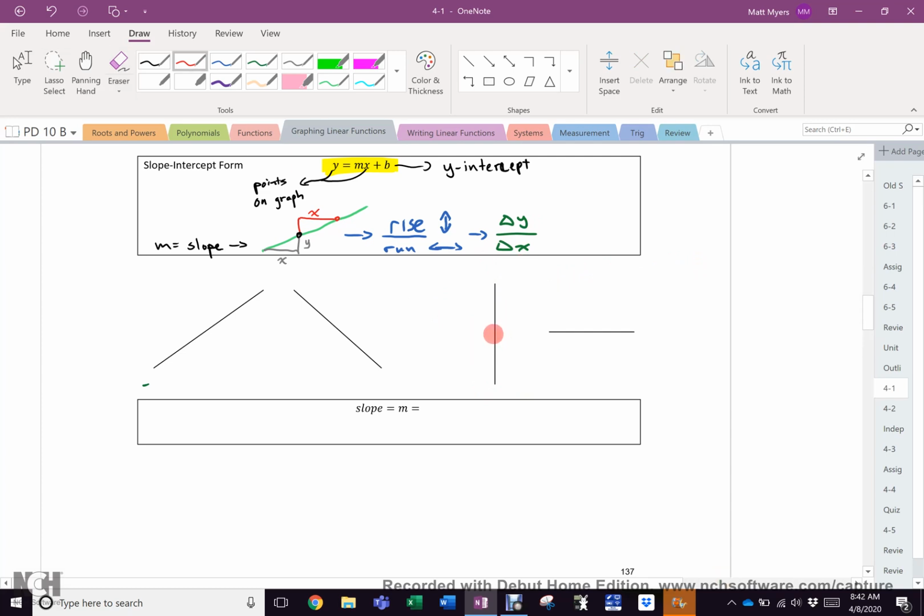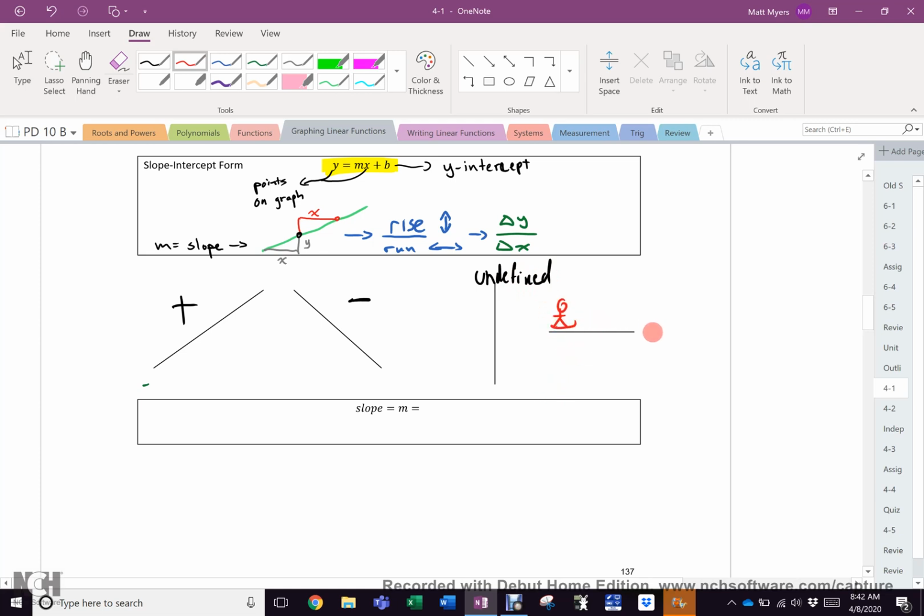So this is undefined. So let's put all these in perspective. This one is a positive slope, because positive, positive, or negative, negative. This one is a negative slope. This one is undefined because it's infinite. This one, again, you're smart kids. Could I ski that?